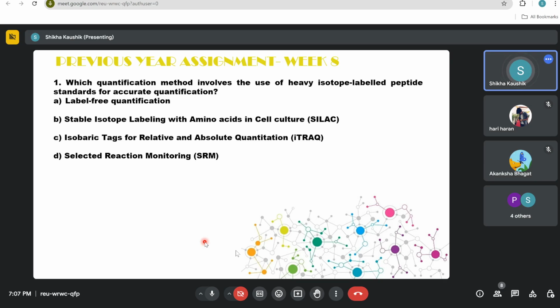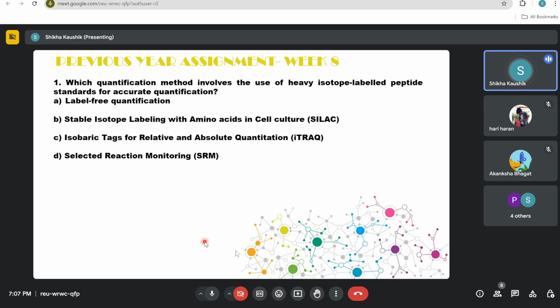Because SILAC uses heavy isotope, but it is not that, because it's a little tricky question in terms of quantification method. SILAC will not give you quantification here, and here we are talking about accurate quantification.